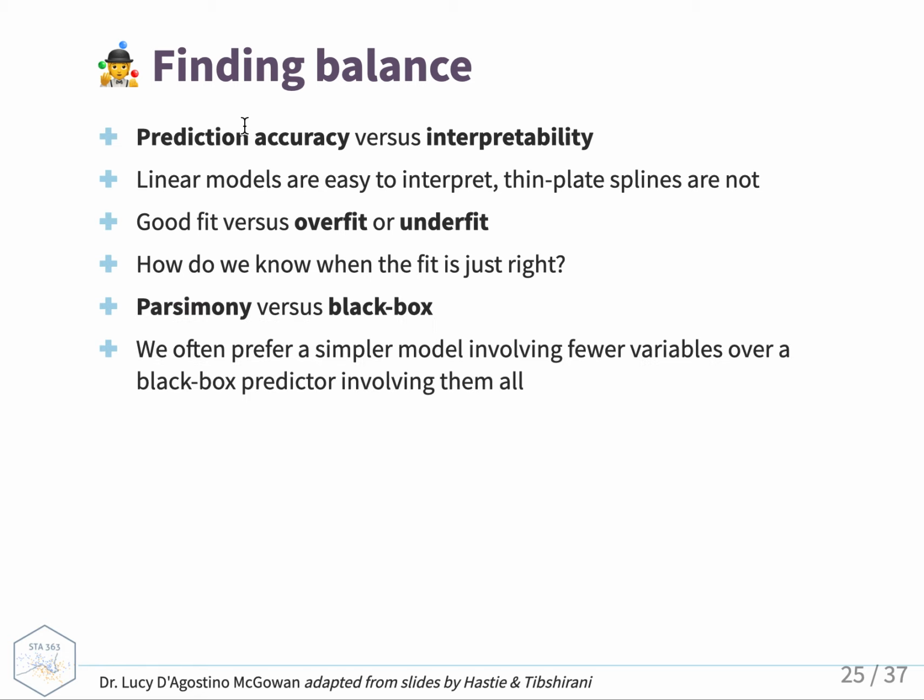And then we've got this idea of parsimony versus black box. And so we often prefer simpler models including fewer variables to black box predictors involving all of them. And so a parsimonious model or a simple model that's easier to explain, this kind of goes under the prediction accuracy versus interpretability heading as well.